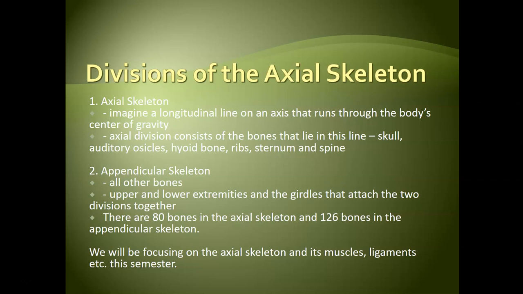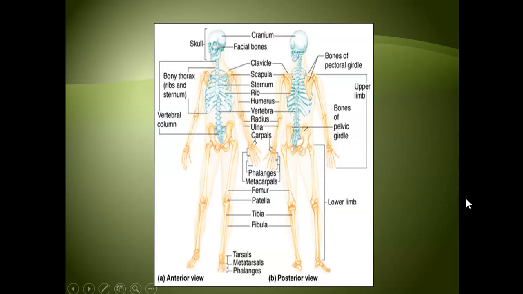So at the end of 2 semesters, you will know them all. In this semester, as I said, we're focusing on the axial skeleton and its muscles, ligaments, etc. So the blue is the axial, which you're going to be taking this semester, and all the yellow or gold, whatever you want to call it, that's what you'll be taking all next semester.